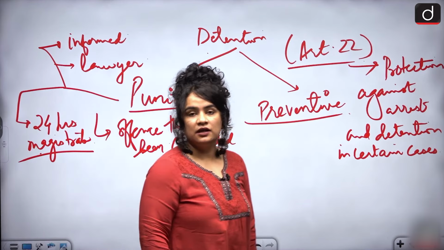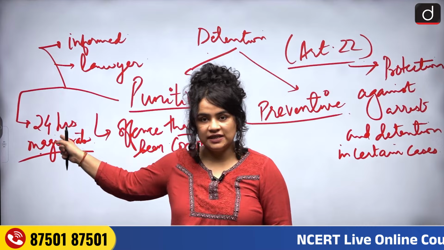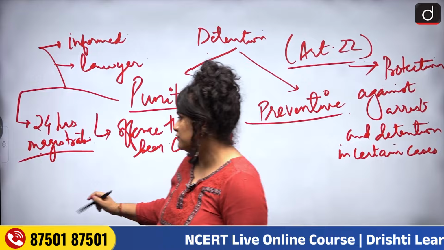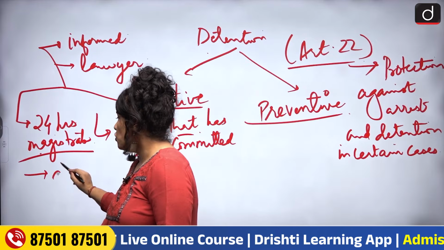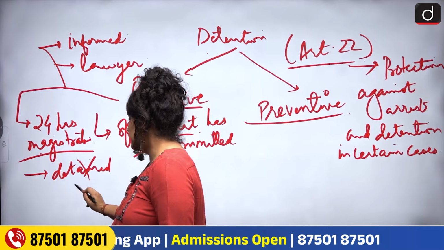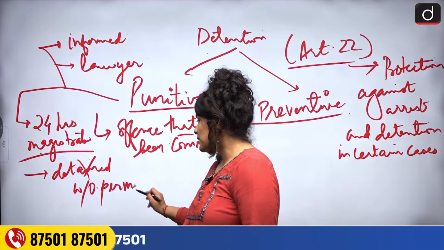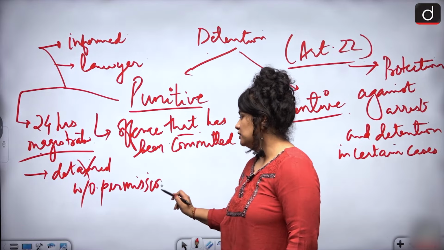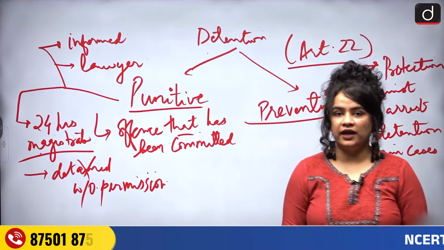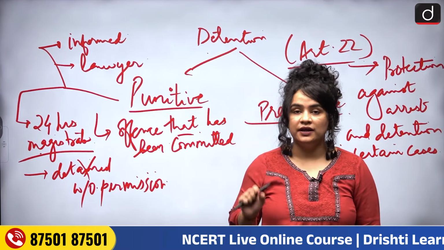So within 1 day of your arrest, you have to be presented before the magistrate. And finally, you cannot be detained without the permission of the magistrate. That is the fourth right that you can actually invoke while you are in punitive detention.